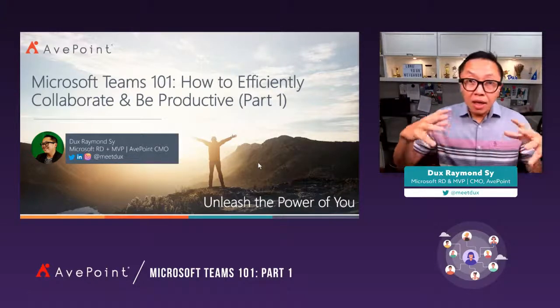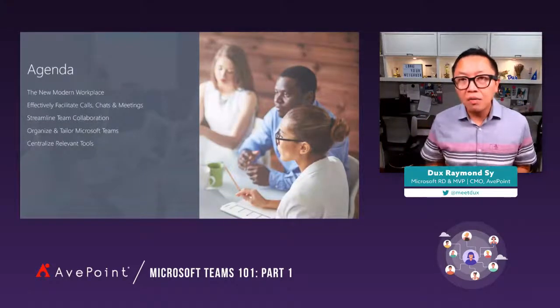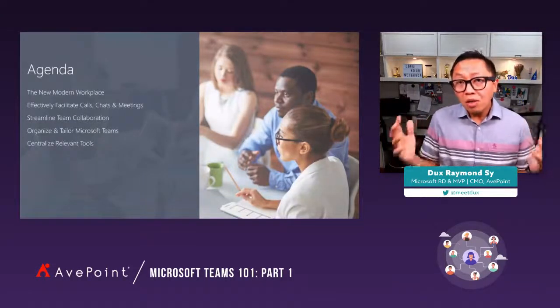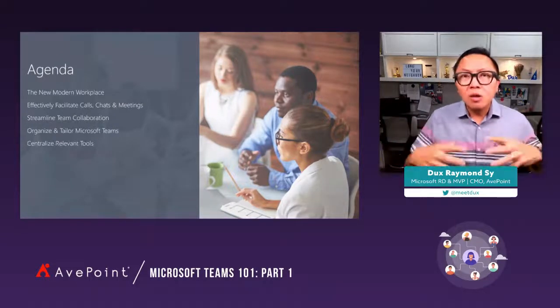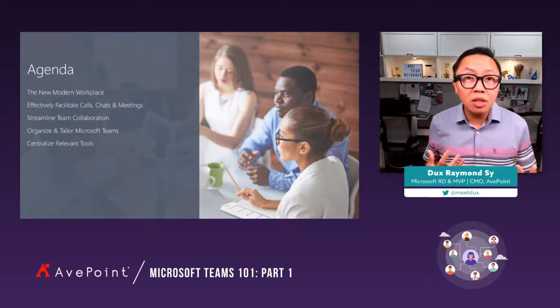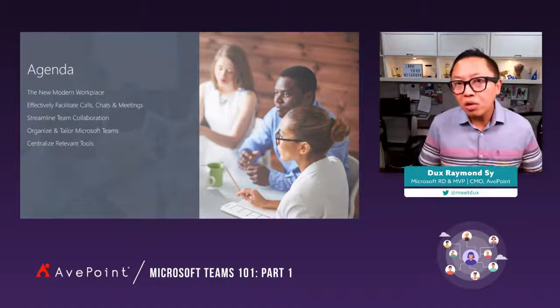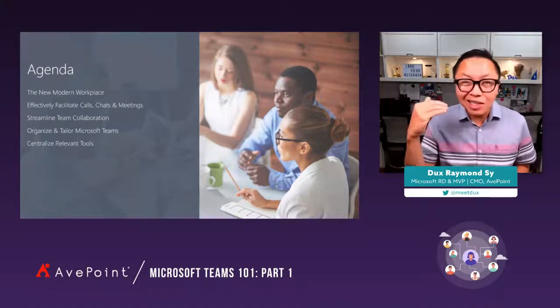So if you're wondering, what are we going to cover for today? Like I said, it's a two-part series. It's today and tomorrow. But for today, we're going to cover, first and foremost, what the new modern workplace looks like. We'll talk about how we work, the different modes of working and tools that we use and challenges that we face. And then we'll jump right into how Microsoft Teams can help from perspective of calling, chats, and meetings.